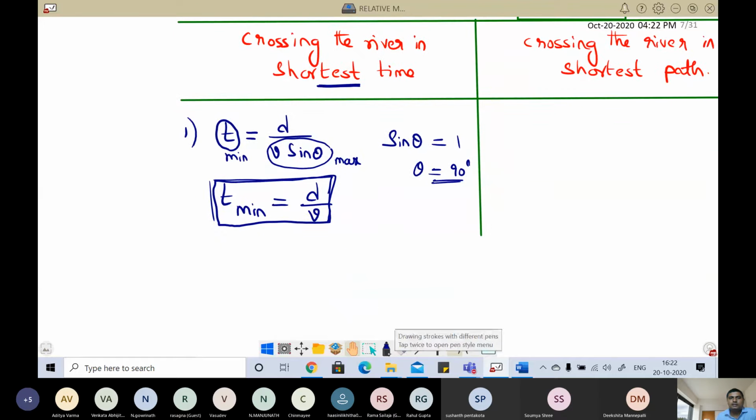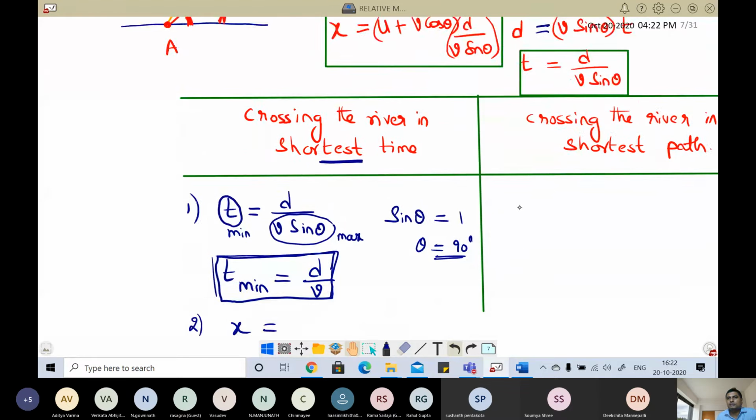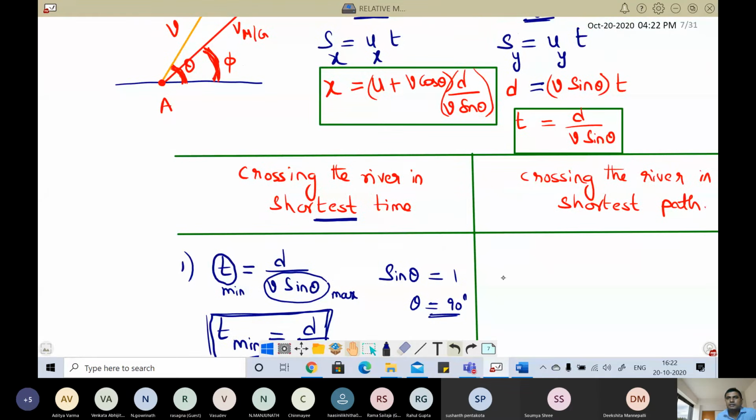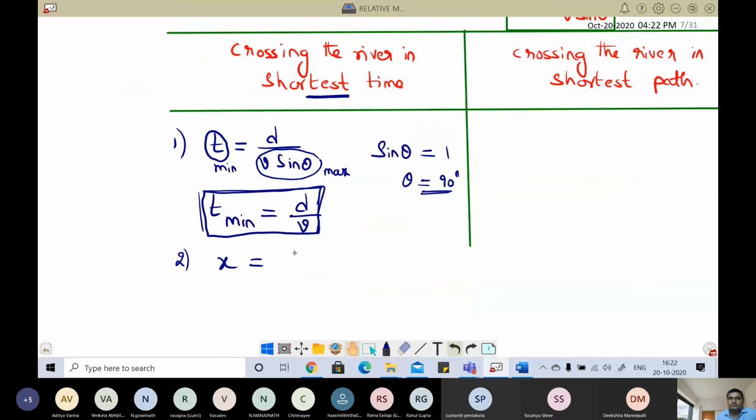Next, second one, drift. Now definitely he will not reach the exact opposite point. So he'll reach somewhere else, drift. So x is equal to, what is the equation we got just now? General equation, (u plus v cos theta) into d by v sin theta.